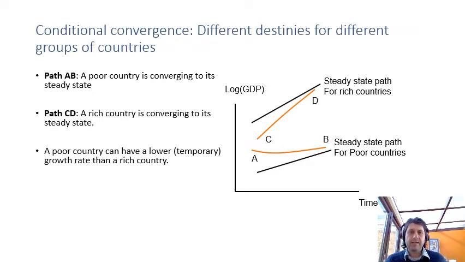and so what researchers did was test the Solow growth model using the data to try and understand whether or not Solow's prediction of convergence is true. Right?